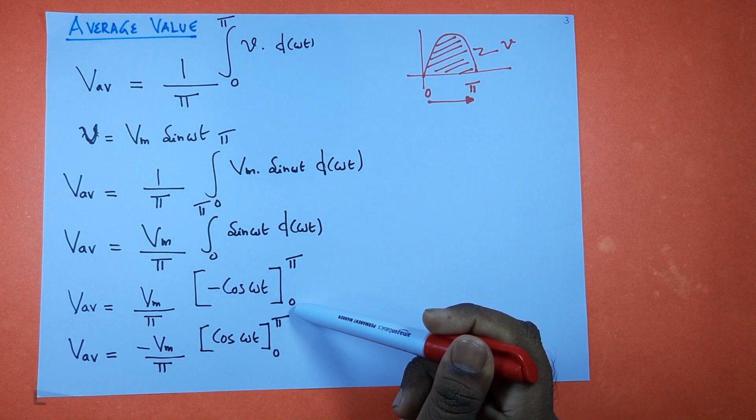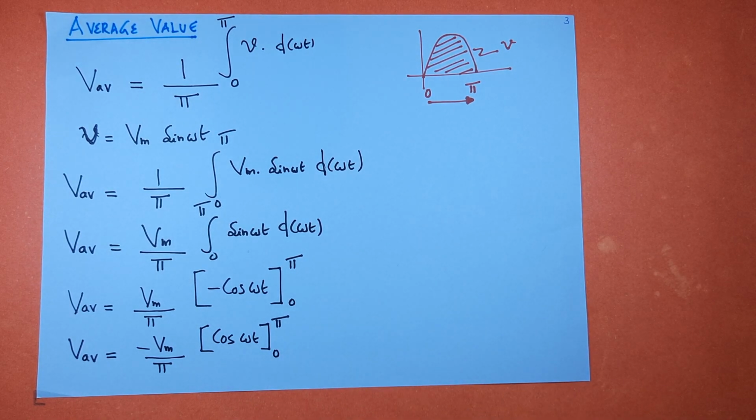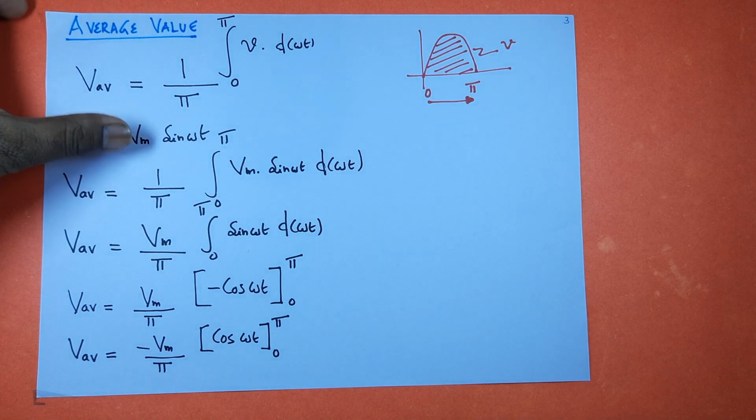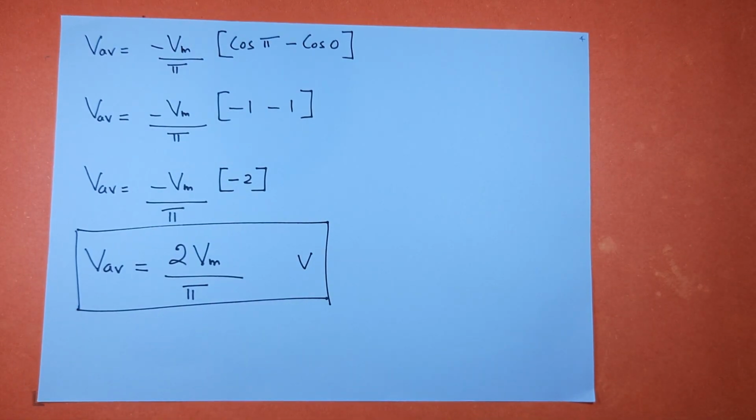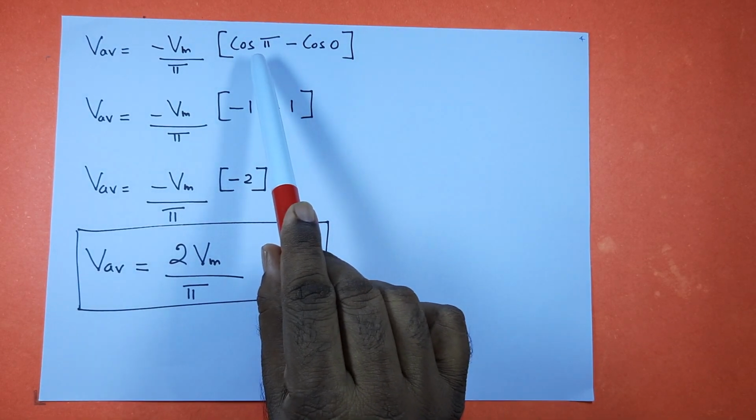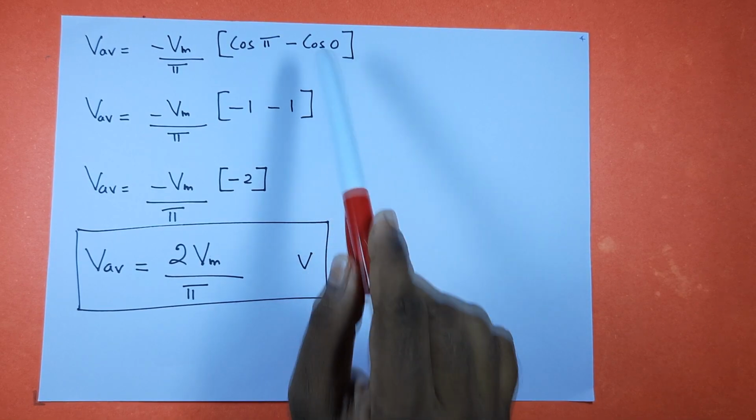The upper limit is pi, the lower limit is 0. This minus you can take outside. V average equals minus Vm by pi cos omega t, limits 0 to pi. Now you apply the upper and lower limits. V average equals minus Vm by pi, apply the upper limit first, cos pi minus cos 0.